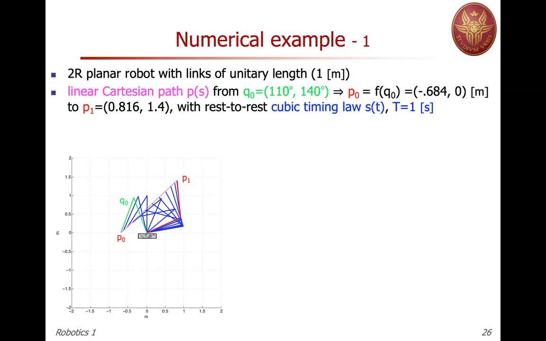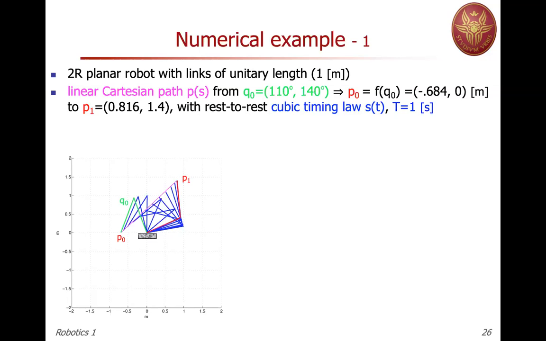And we design on this path a cubic timing law in 1 second. So it's a cubic timing law, probably rest to rest. So it starts from 0 velocity, goes to 0 velocity at the end, and you can compute at this time the two coefficients, -2 and 3, if I remember, of the higher order terms.